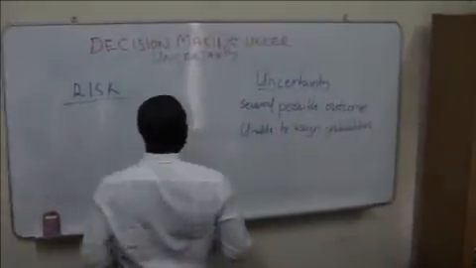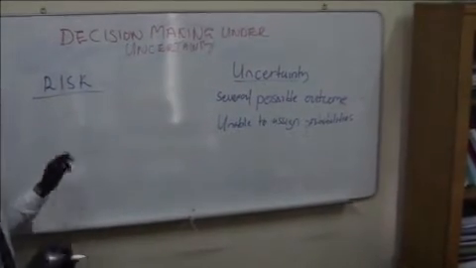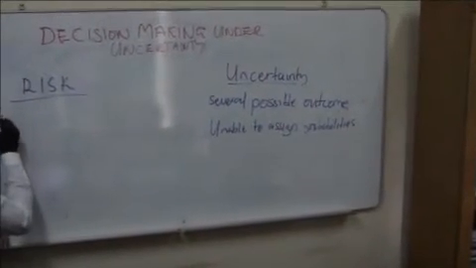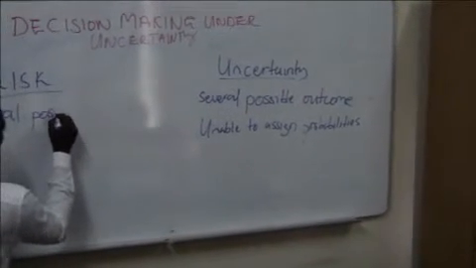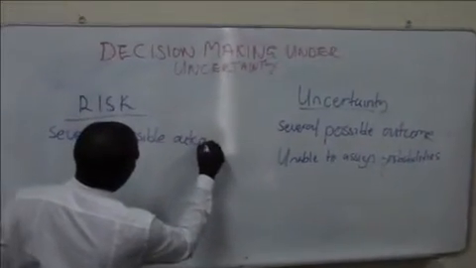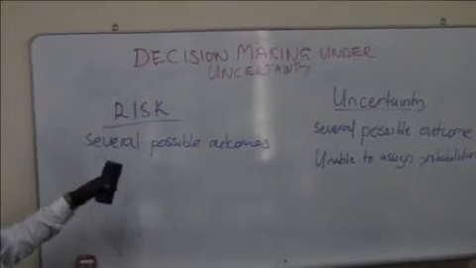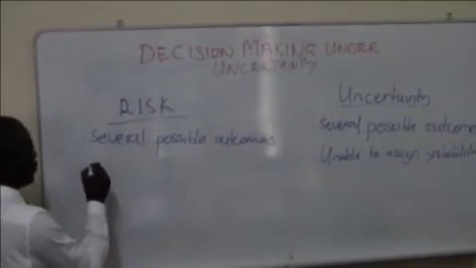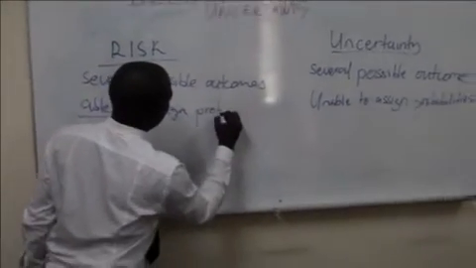Risk on the other side is basically the same as uncertainty. You are looking at several possible outcomes as well. However, the major difference between risk and uncertainty is that with risk, you're able to assign probabilities.